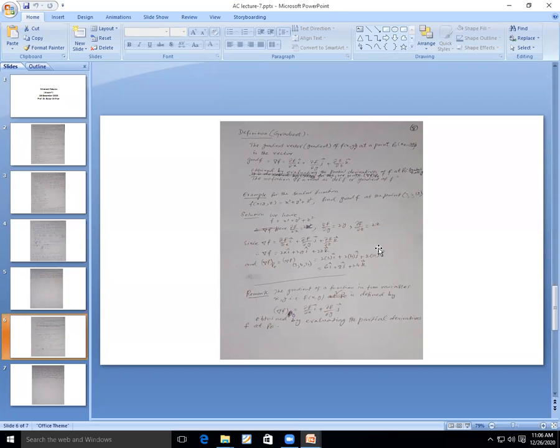Simplifying this, you get the gradient of f at the given point p naught, which is equal to 6i vector plus 8j vector plus 24k. This is the solution. It means the gradient of the given function f, which is in three variables, at the given point p naught is equal to 6i plus 8j plus 24k.